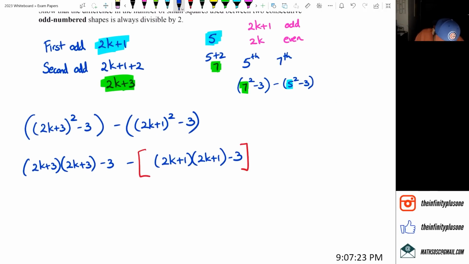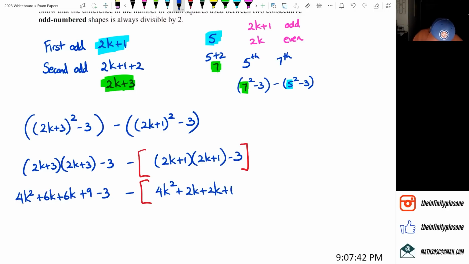So expanding this quadratic, we've got 4k squared plus 6k plus 6k plus 9 minus 3 minus, inside the red bracket, we've got 4k squared plus 2k plus 2k plus 1 minus 3, and we've got that all in that red bracket there.